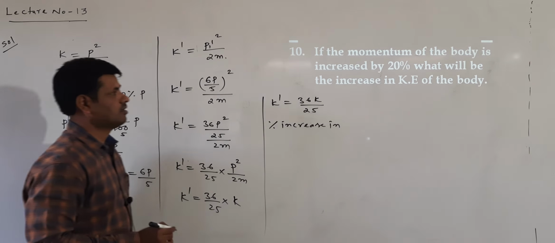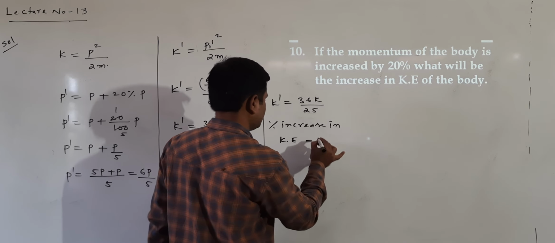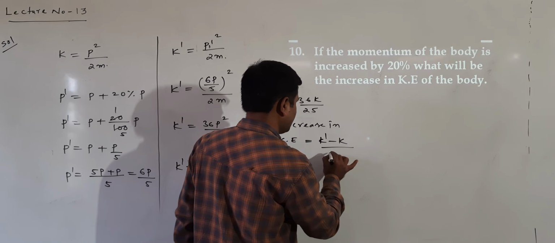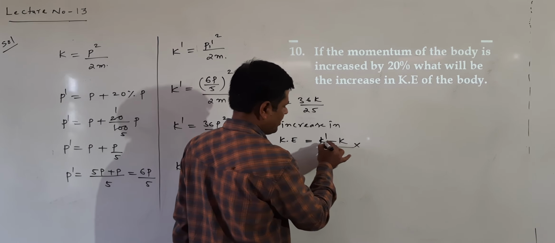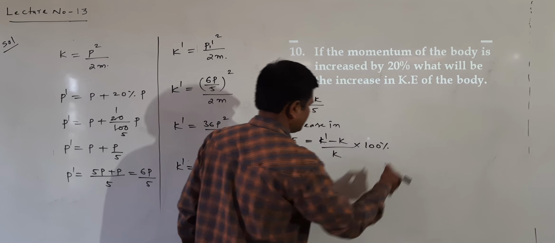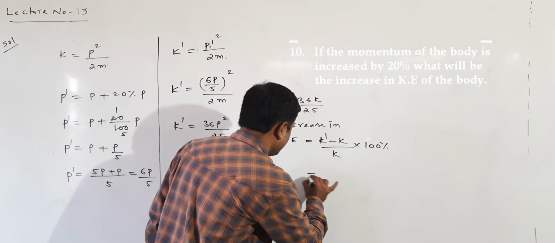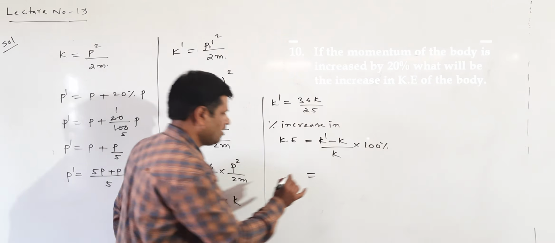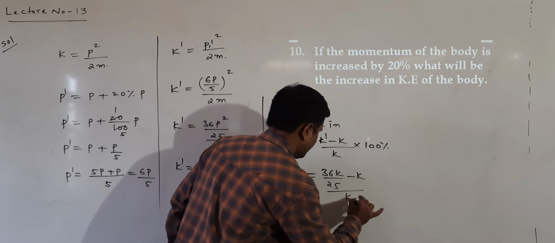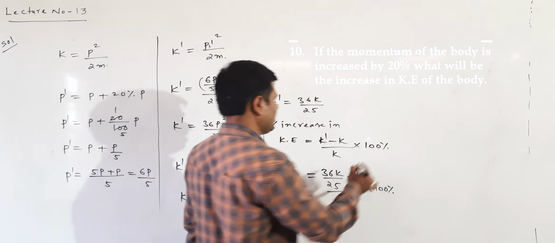Right. Now next we find the percentage of increase in kinetic energy. It is equal to the final kinetic energy minus the initial kinetic energy, by the initial kinetic energy, into 100%. This is the percentage of increase in kinetic energy. Here the final kinetic energy is 36K by 25 minus K, by K, into 100%. Now I am making the calculation.